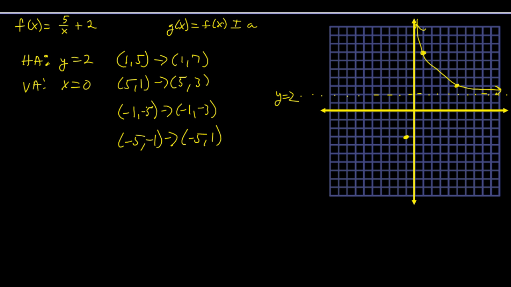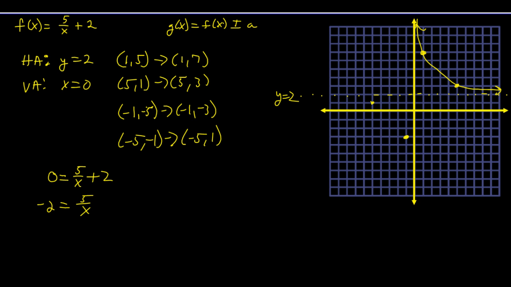So 1, 2, 3, 4, 5, up 1. Now I want you to notice it's going to cross the x-axis this time. Where I didn't have an x or y intercept on the last graph because those were my asymptotes, here I've got an x-intercept. Remember, x-intercept is when y equals 0, so 5 over x plus 2 equals 0.